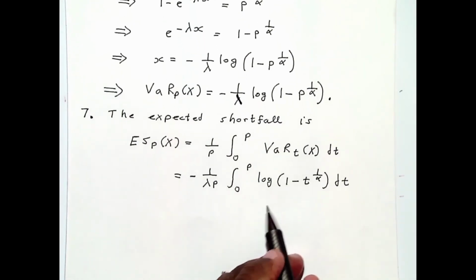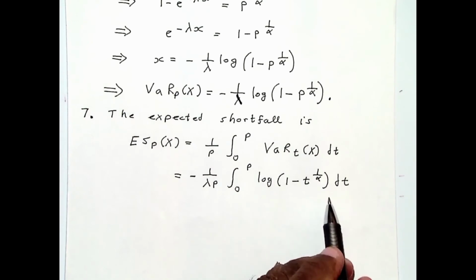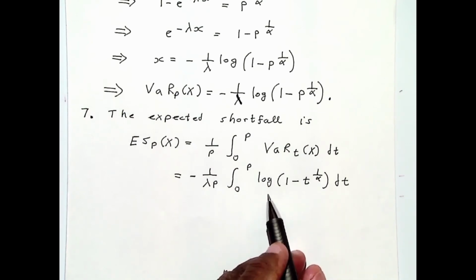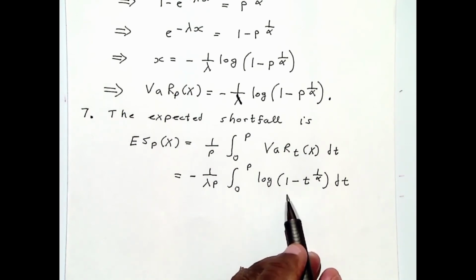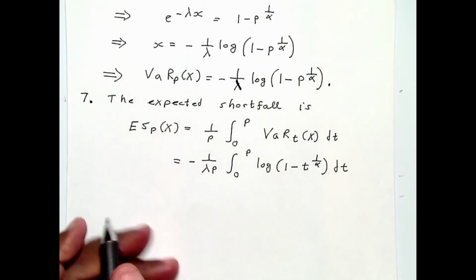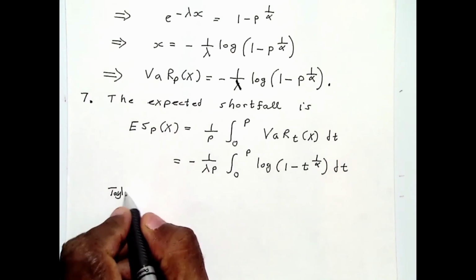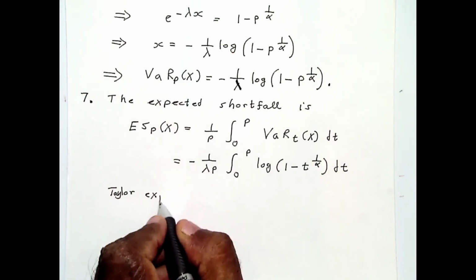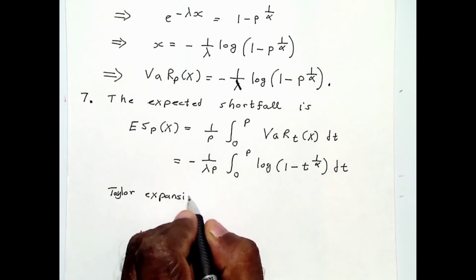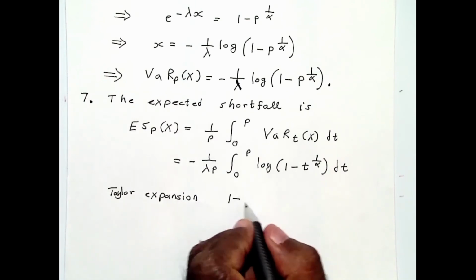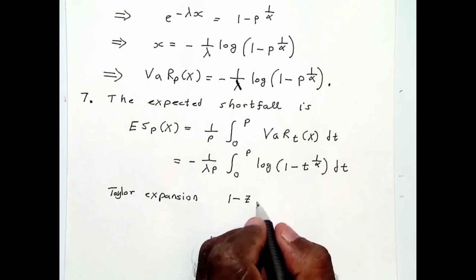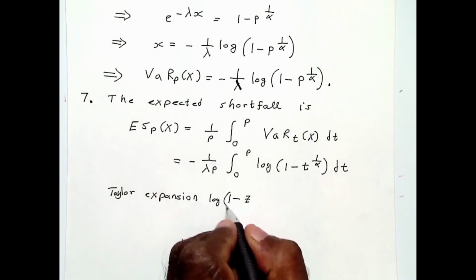Now, this is not an easy integration to do, but what you can do is use the Taylor series expansion for log of 1 minus something. You may know from your calculus that the Taylor expansion for log of 1 minus, say, z is the following.